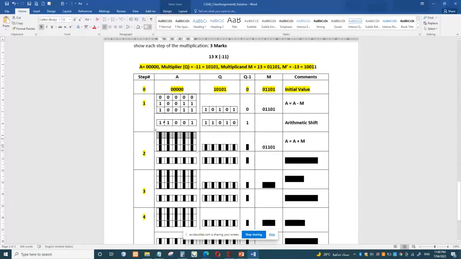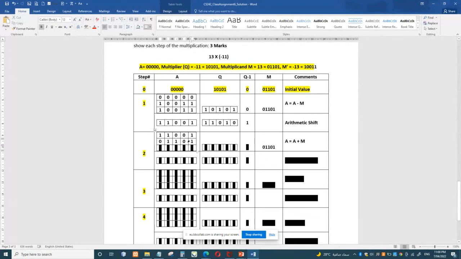After finishing the first iteration, this is our current value of a, which is 1 1 0 0 1, and our m is 0 1 1 0 1.